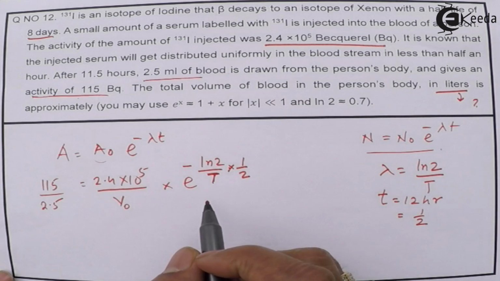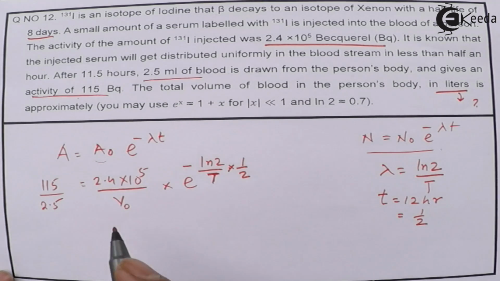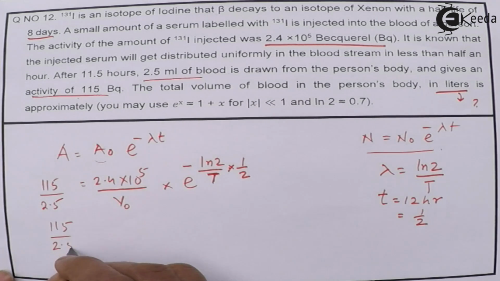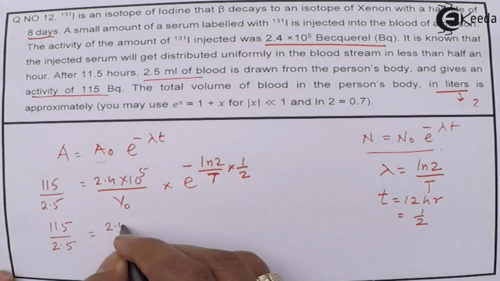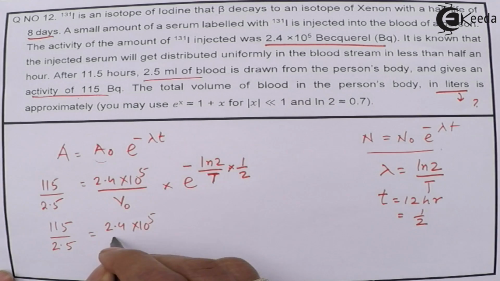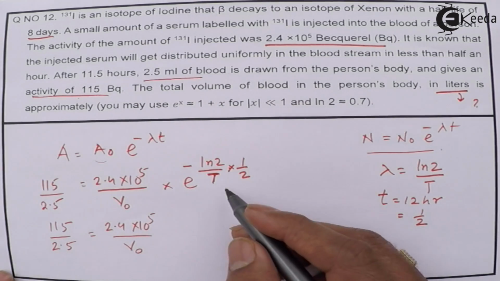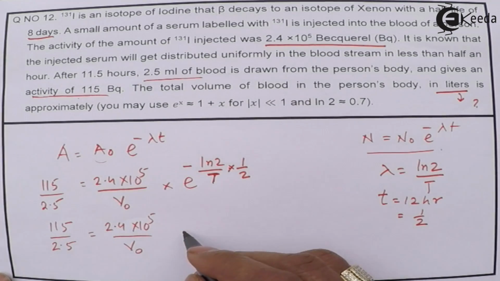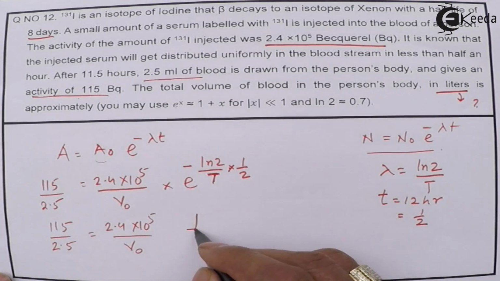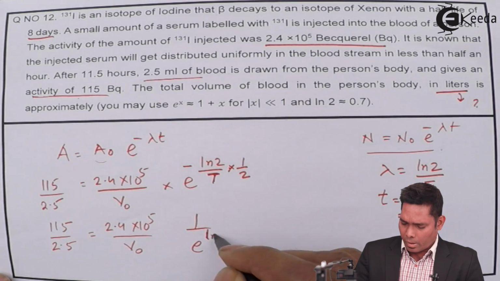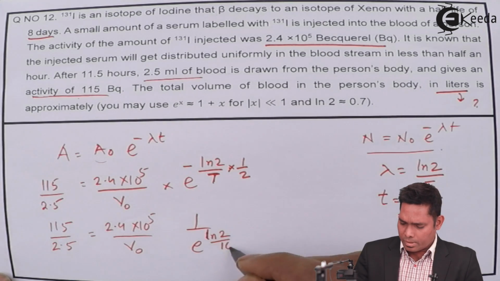Now if I put T equals 8 and solve, this is 115 divided by 2.5 equals 2.4 × 10⁵ over V naught, times 1 upon e raised to ln2 divided by 16.